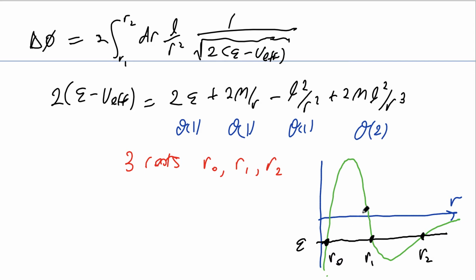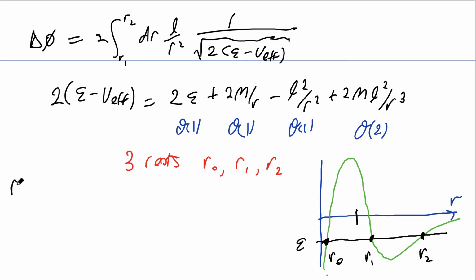And recall the surface of the sun is somewhere between these roots R0 and R1, somewhere in here. So everything to the left of this value of R is not physical, but we still need to take the root R0 into account mathematically. It's still a root of this polynomial. And in fact, I'd like to factor that root out. So let's figure out what it is. When R is very, very small, these two terms dominate this polynomial.